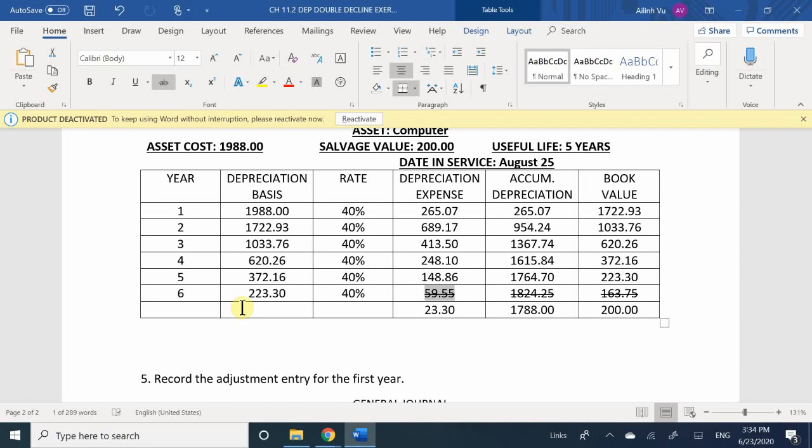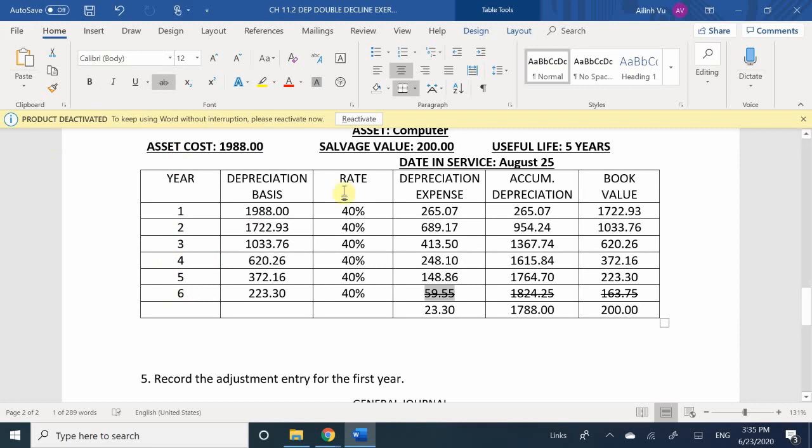Or you take the book value from year 6 and minus your salvage value, and you still get 23.30. Unless you do it on a per-month basis, it would have been a lot shorter than the 6 years that you've had it, or it looks like 6 years, but it's really only 4 and a half.